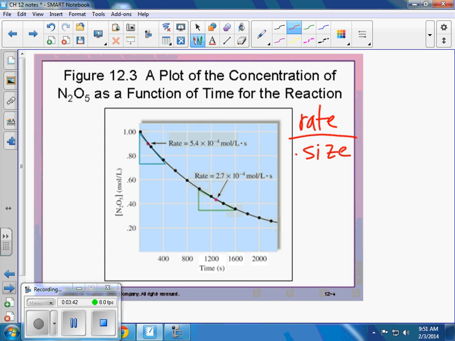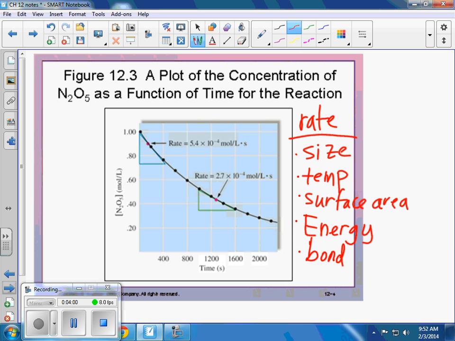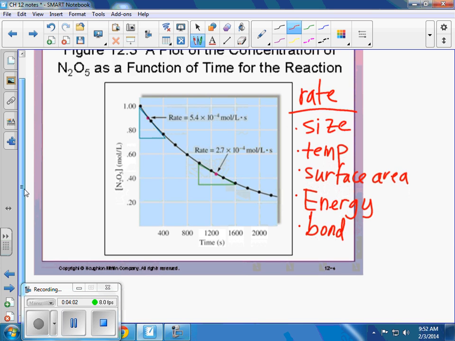What else? Temperature. Good. What else? Surface area. Good. The energy that's involved in the system. The bond strength. We've been talking a lot about bond strength. We can't forget all of that, you guys.